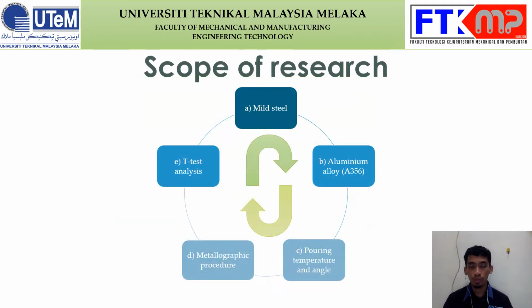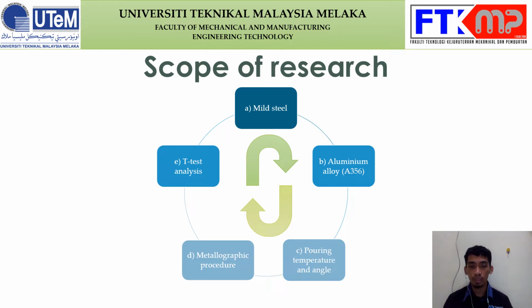Now we move to the scope of research. In this final year project, the experiment will be conducted at the FTK lab. We will focus on the design concept of the spiral channel, which is made from mild steel.